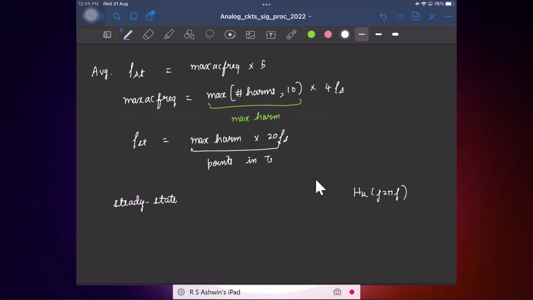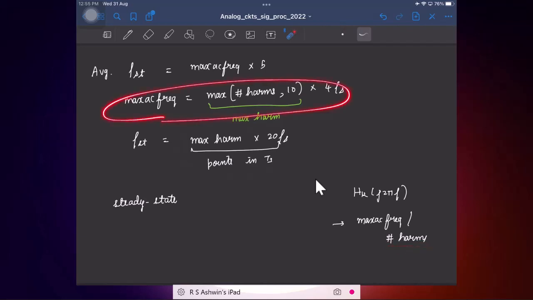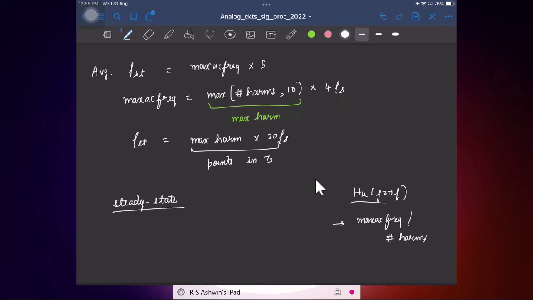And if you are interested in the harmonic transfer function, you only need to specify the maximum frequency to be considered for frequency translation, and that you can set using either max AC frequency or the number of harmonics, because the number of harmonics also determines what max AC frequency is. But if you are only interested in the steady state, you only specify the number of harmonics. Is that fine?